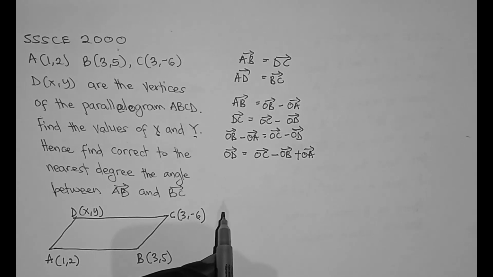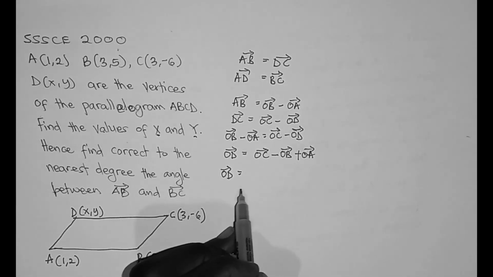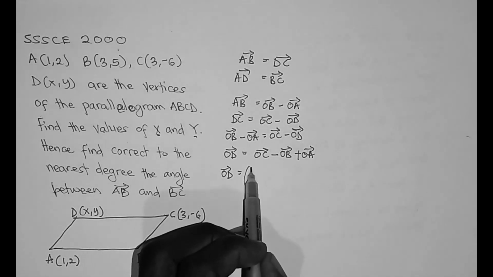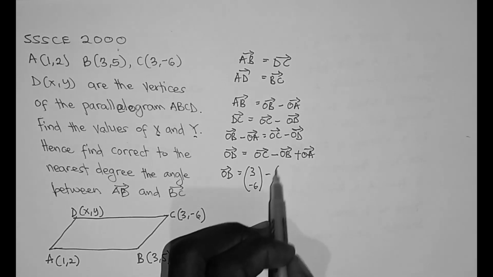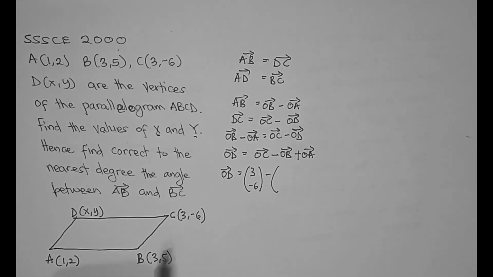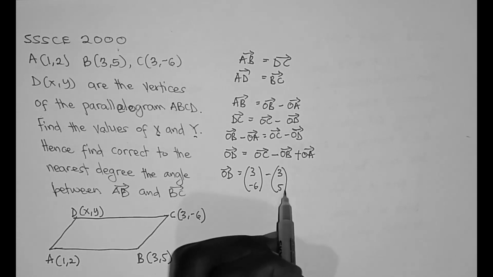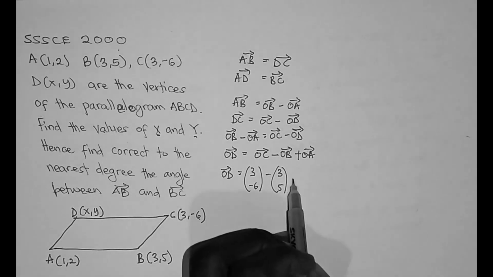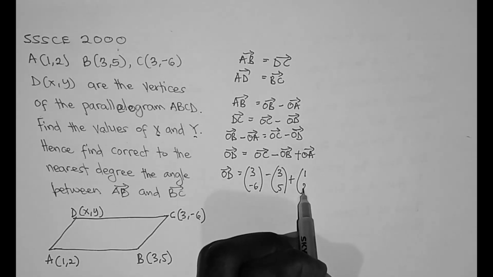So OD is equal to, we were given the value of OC. OC is 3, minus 6. So 3, minus 6, minus OB. OB is position vector, which is 3 and 5. Then plus OA. So plus OA is 1 and 2.